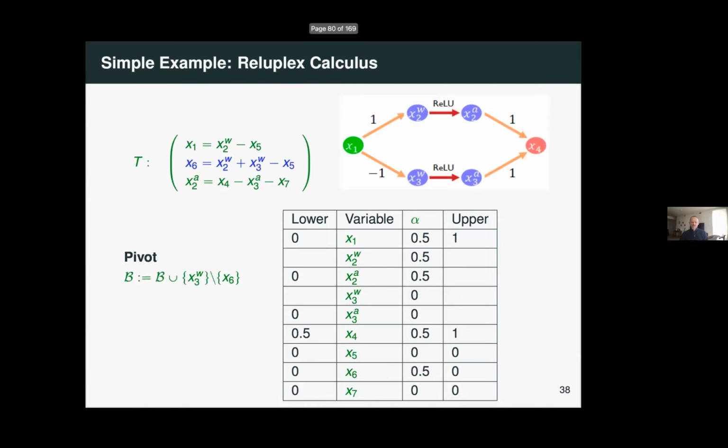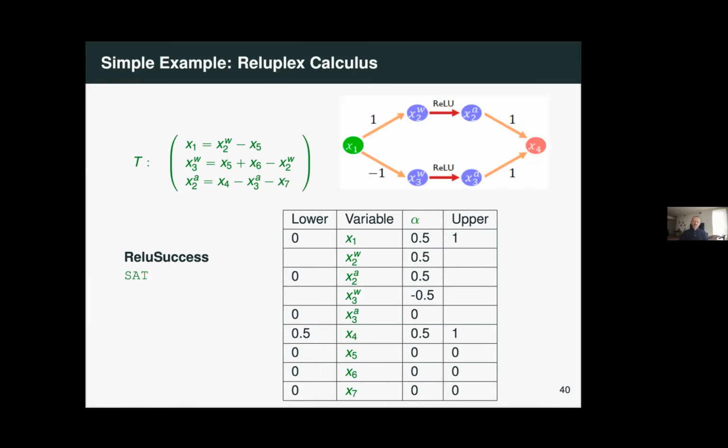X1's okay, but x6 needs to be fixed, so we pivot and update that, and now x6 is 0. Which changes x3w, but notice x3w being negative is fine because the output is 0, and that's exactly what it is. So now actually we finally reached this ReLU success. So all of the variables are within their bounds and the ReLU constraints are satisfied.